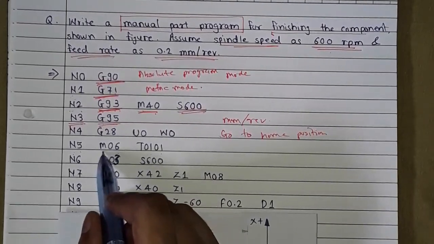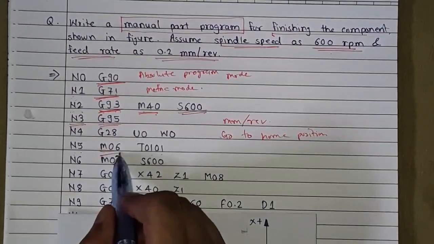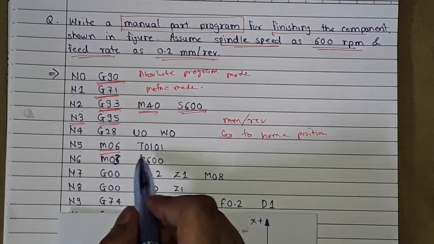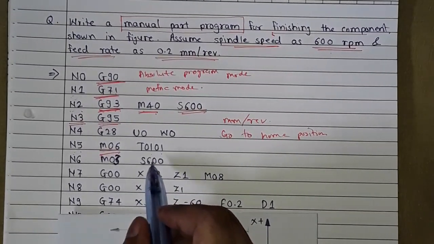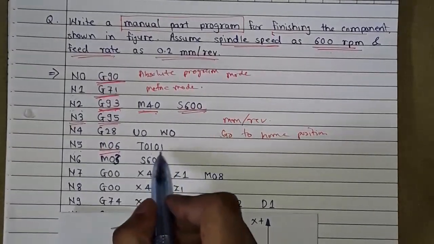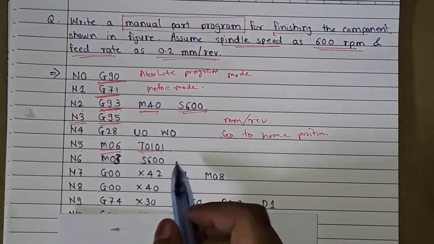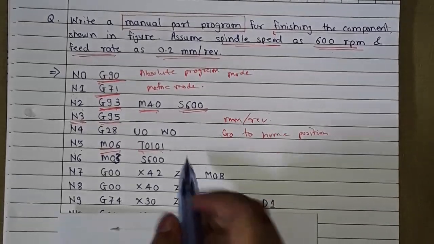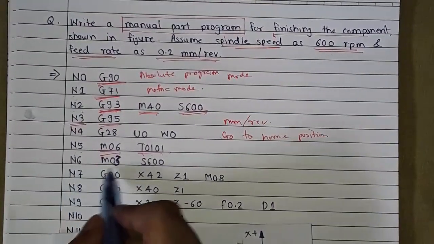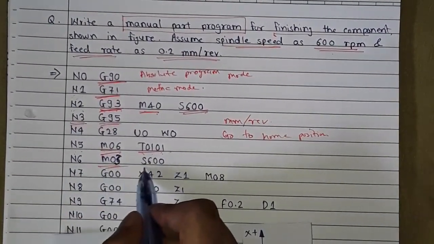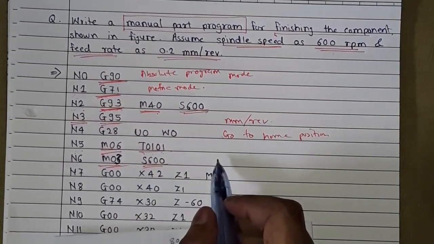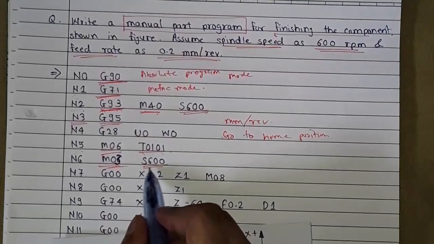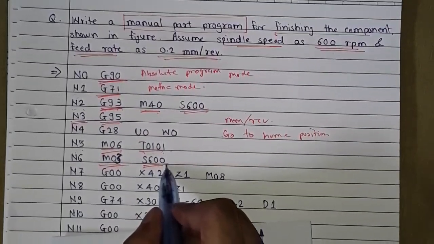Here friends, M06 is for tool change operation, and here 01 represents the tool number and another 01 represents the offset number. Next is N6 M03 S600. Here M03 is for spindle on with spindle speed as 600 rpm.